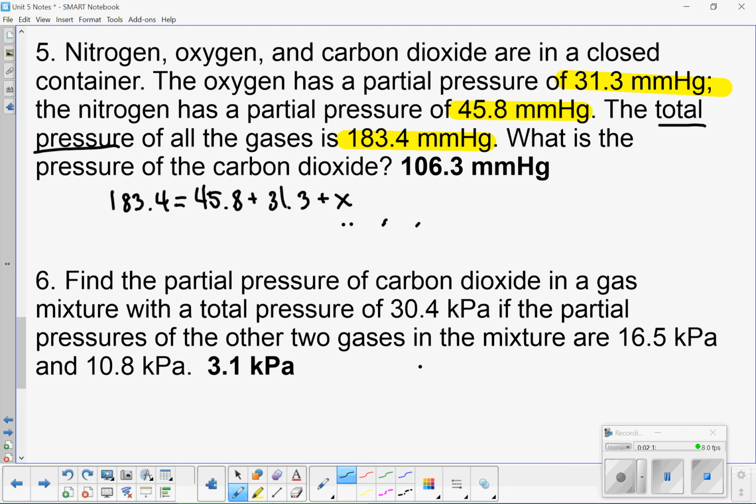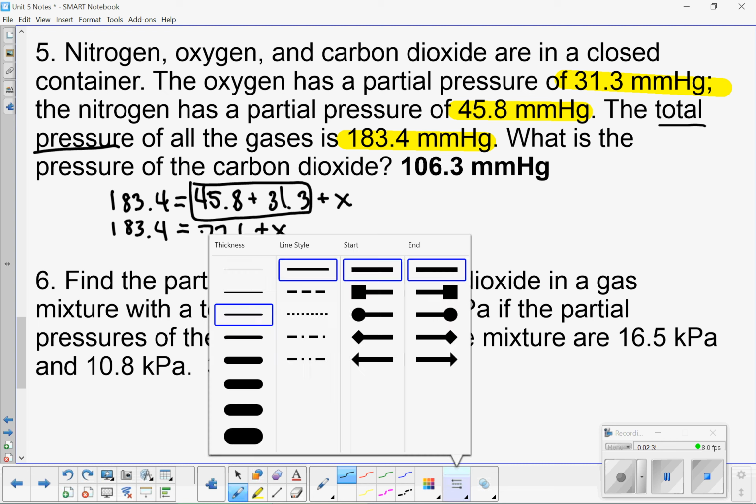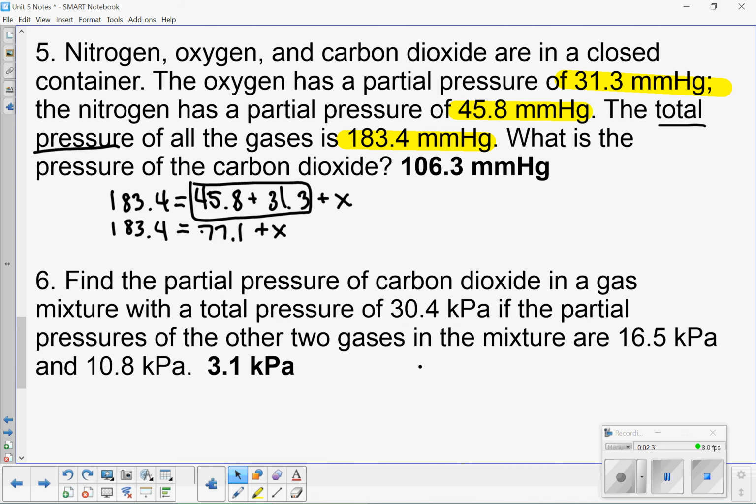That must mean I'm looking for that final number. To solve this with your algebra, I can't do anything to this side, but I can add these two numbers up on the calculator, and you get 77.1 plus x. So to finally solve this, just subtract 77.1, and that's how you get your answer right there.